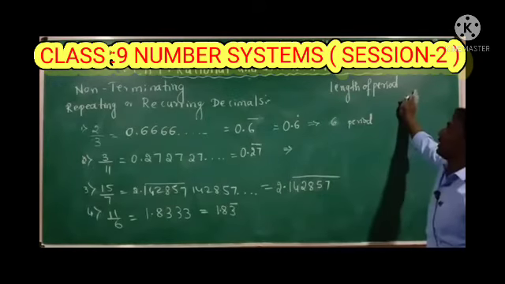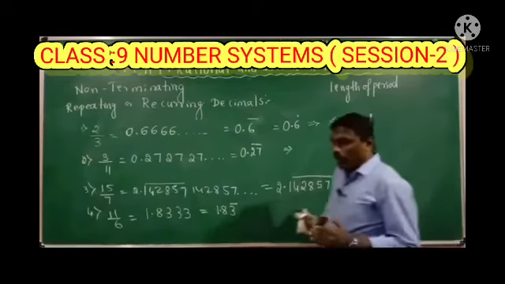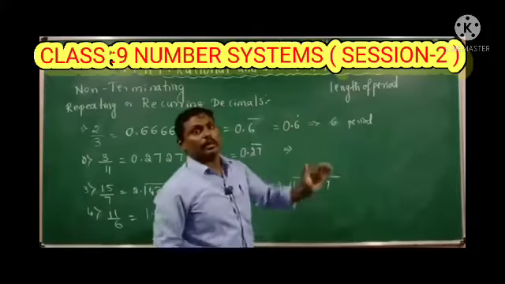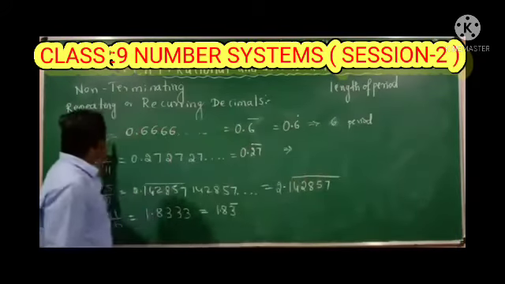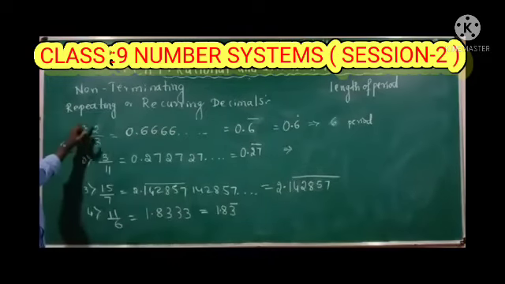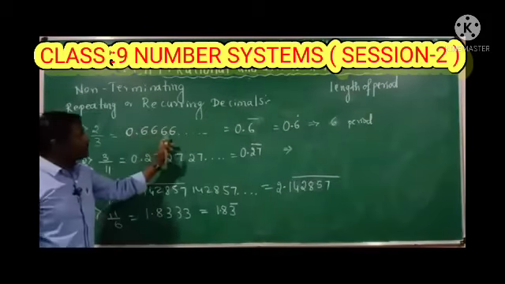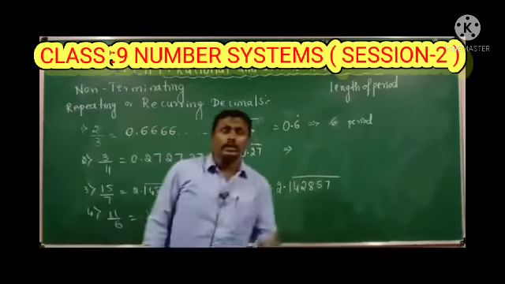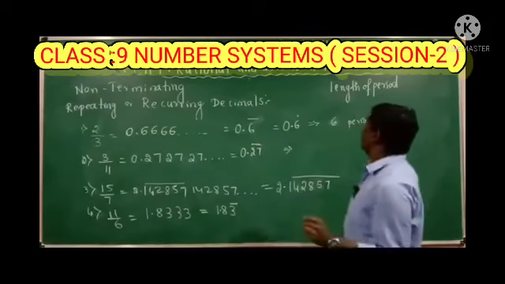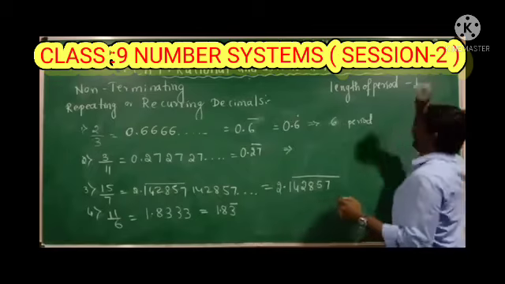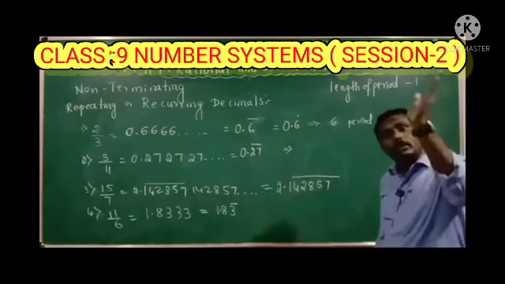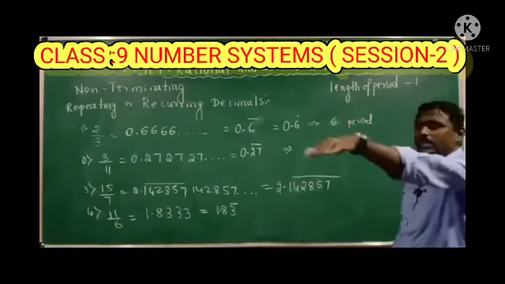Length of the period means after how many digits it repeats. For example, in the first example, when I am dividing 2 by 3, here 6 is repeated continuously. It means the length of the period is 1, because after one digit the same number repeats.